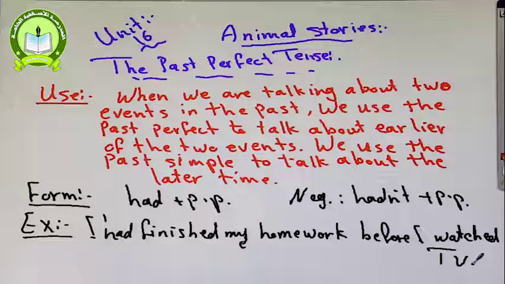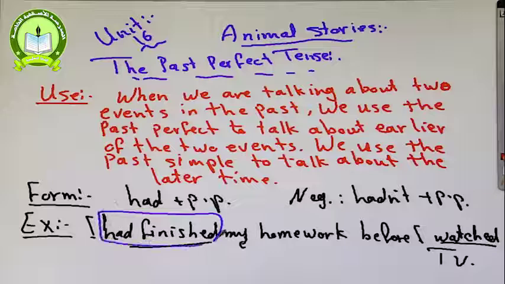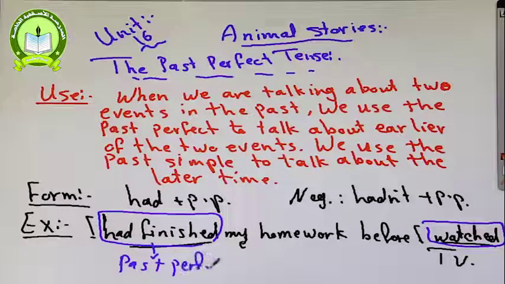Had finished happened first, so this is the first action, and the second one, watched TV. When we talked about the two actions, we found that had finished was completed before watching TV. So this is the past perfect and this is the past simple. And this is the use of the past perfect, an action that happened in the past before another action.